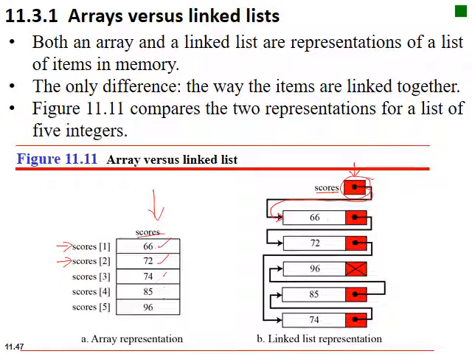It's almost like a node without data. It only has the pointer of the starting position, the starting address of the very first node in my linked list, which then has a data part and stores 66 in that data part. And that now has its link or pointer or address to the next item in the list, which is 72.